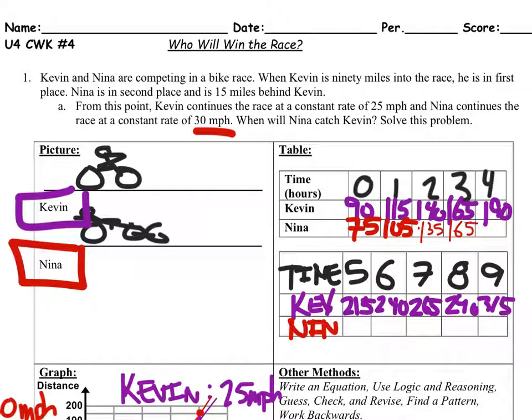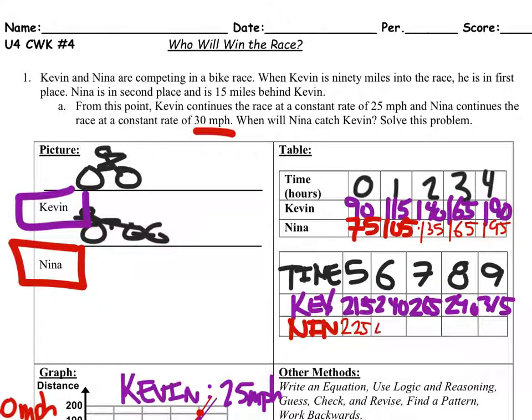But now he's too exhausted. He put too much energy at the beginning of the race. And Nina saved it. So, another 30 miles, bam, we can see that she's now 5 miles ahead. So after the next hour, she should be 10 miles ahead because it's 5 miles every 1 hour. So now she's at 225.